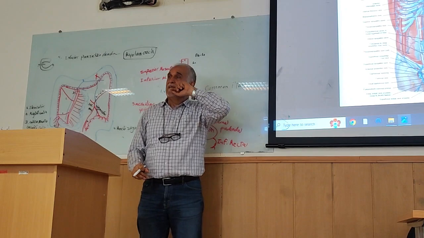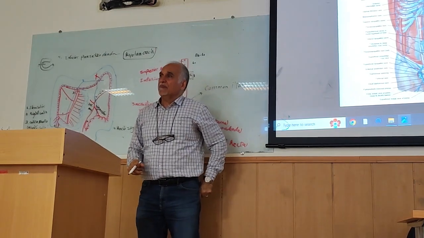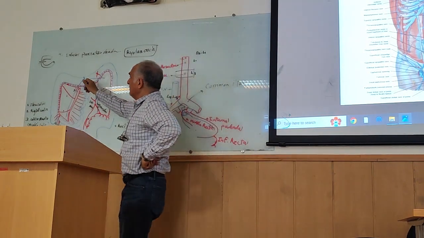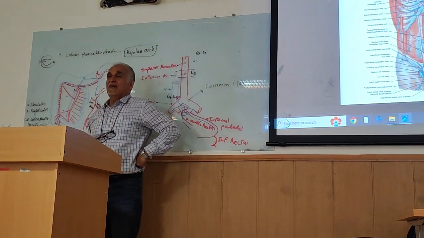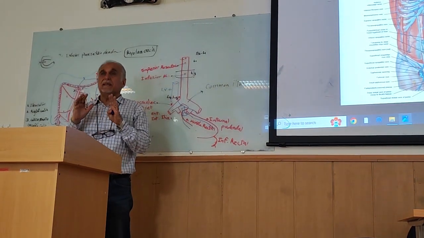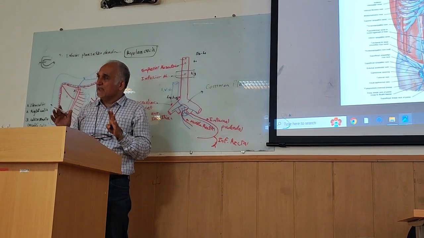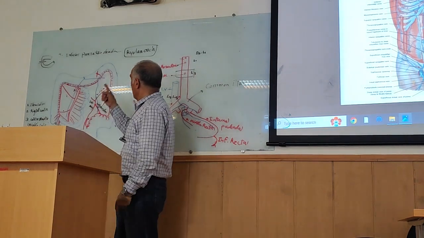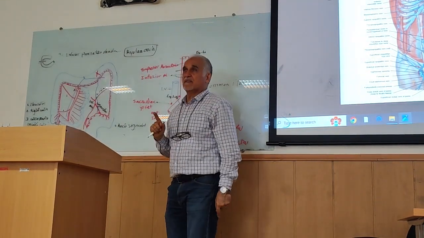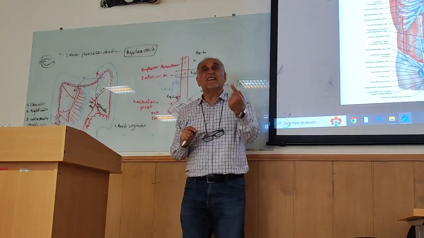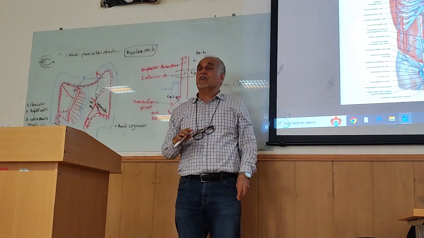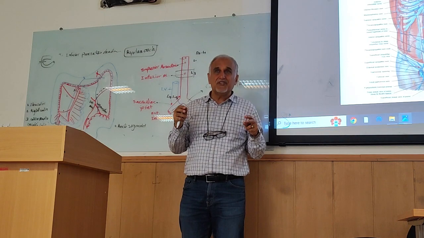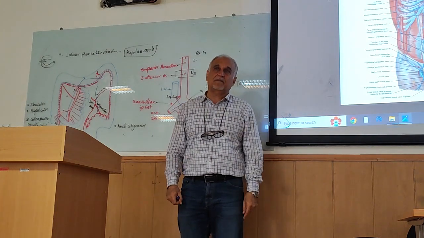I told you the blood of the portal vein has no permission to mix with this before filtration. But after filtration, they get this permission to mix with each other. Is it clear?